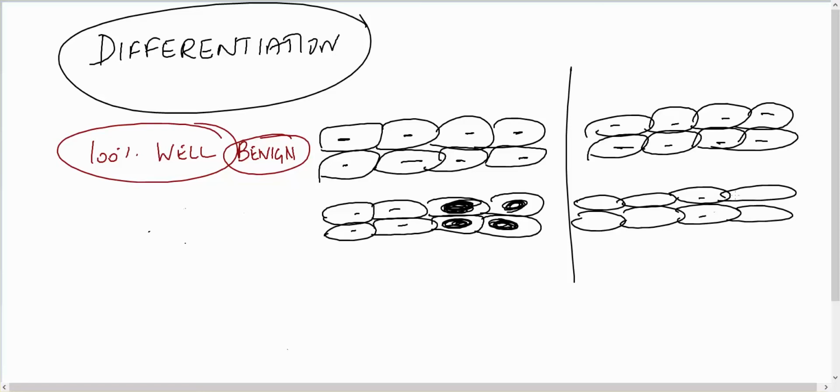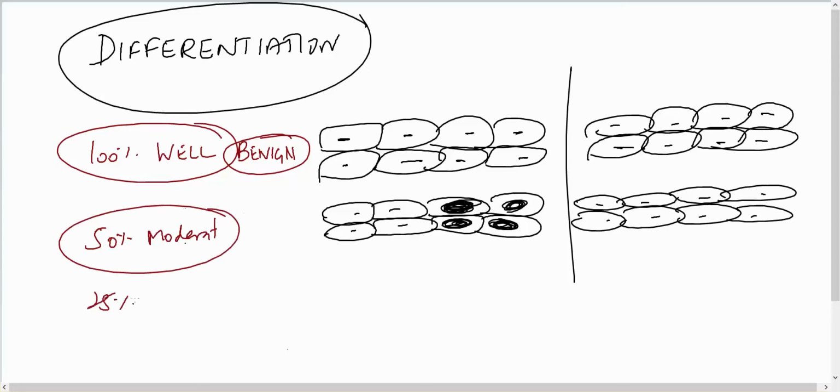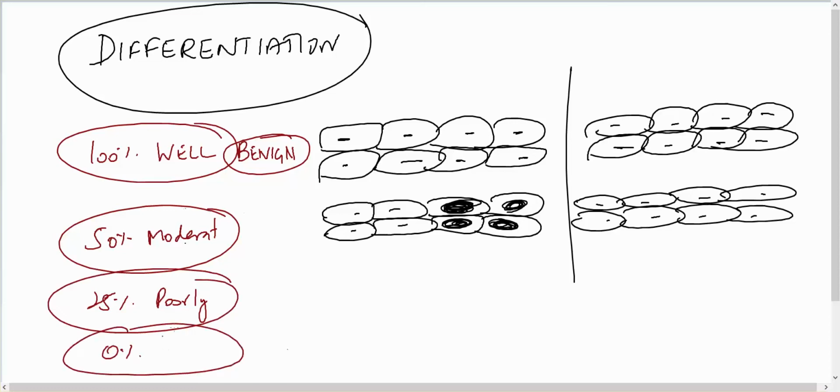So if only 50% of the tumor resembles the normal cell, then it is moderately differentiated. Likewise, if it is 25%, it is poorly differentiated. If 0%, completely abnormal, completely no matching, it is undifferentiated.